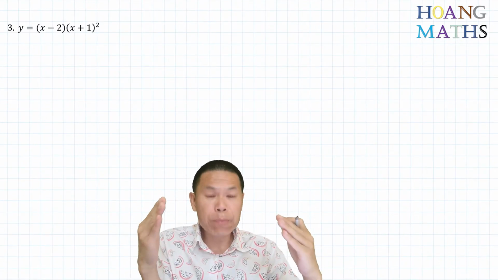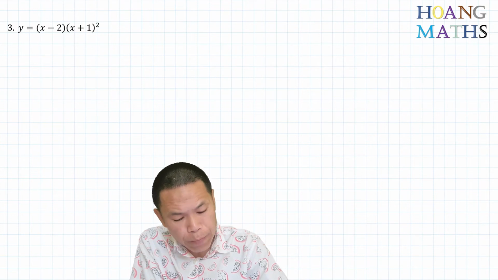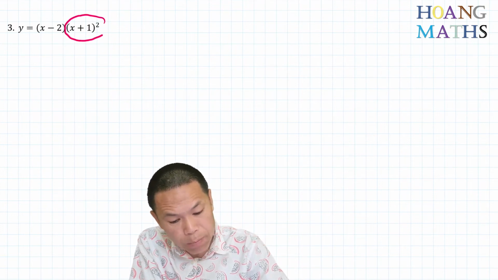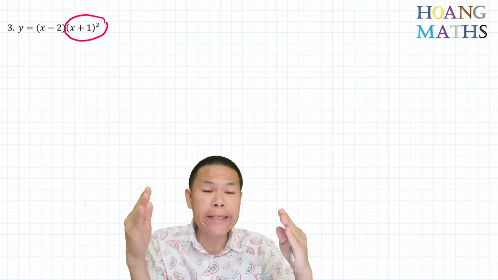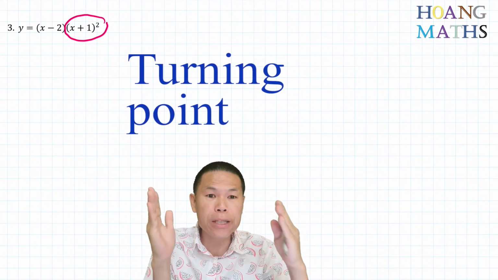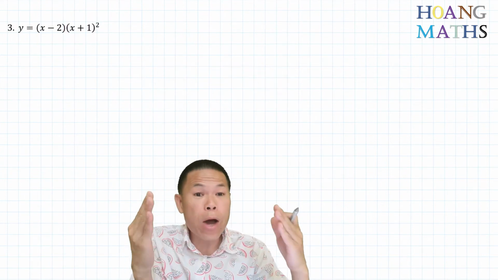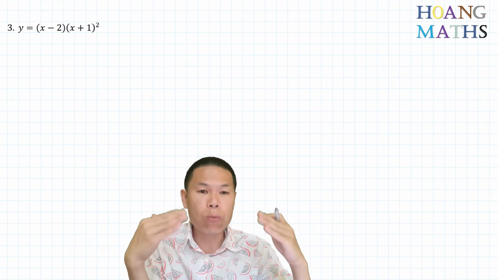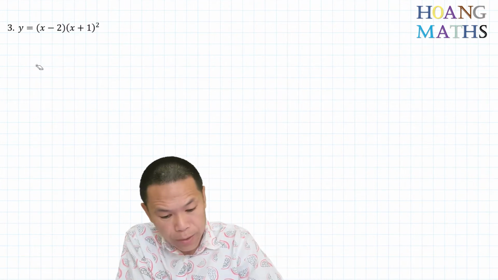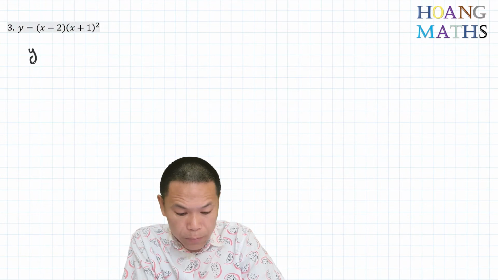Please keep this in mind. When we have a square, x plus 1 squared, that is a turning point, okay? Very important. So step number 1, we find the y-intercept first.